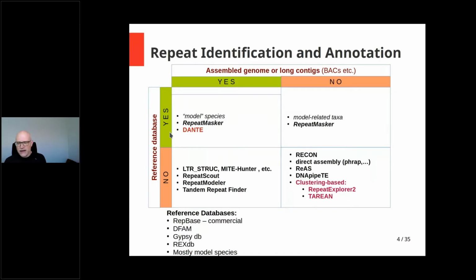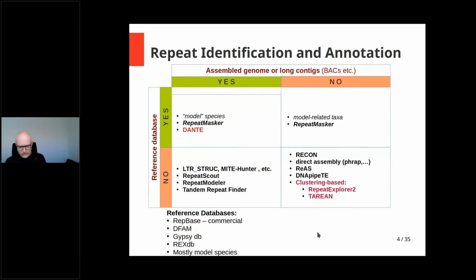Then our tools, which we are providing on the server, are more oriented on the cases where you don't have an assembly and you don't have a library of repeats. So it is a so-called clustering-based approach, and this approach is using raw sequence reads to obtain the information about the repetitive sequences in the genome.